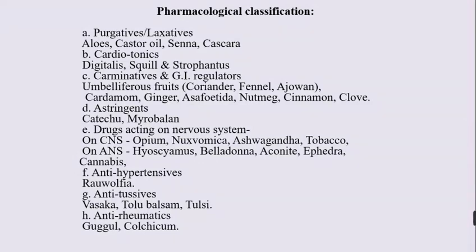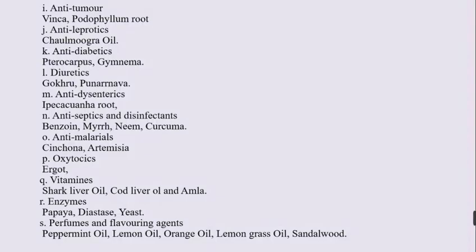Next, we have astringents such as catechu and myrobalan, and different drugs acting on the nervous system such as CNS and ANS drugs, and antihypertensive drugs such as Rauvolfia, which decreases hypertension. Then antitussives such as Vasaka, Tolu balsam and Tulsi, and antirheumatics such as Guggul and Colchicum. Next, the anti-tumor drugs such as Vinca and Podophyllum root, and anti-leprotic drugs, used to treat leprosy, such as Chaulmoogra oil, then anti-diabetic, diuretic and anti-dysenteric drugs.